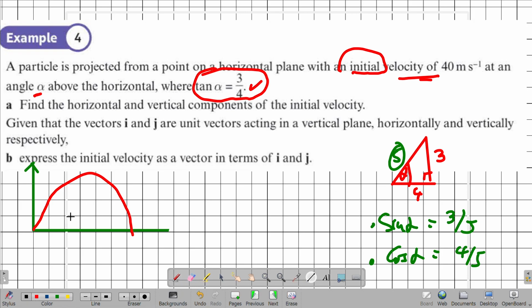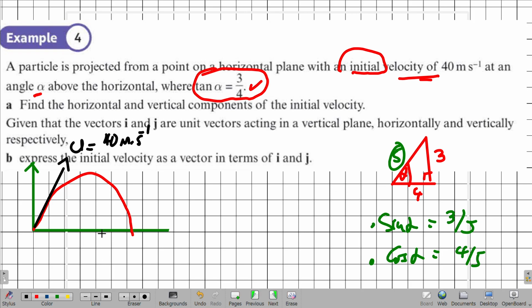One of the assumptions is it is projected with an initial velocity, u, equal to 40 meters per second. So what is the horizontal component of this velocity?